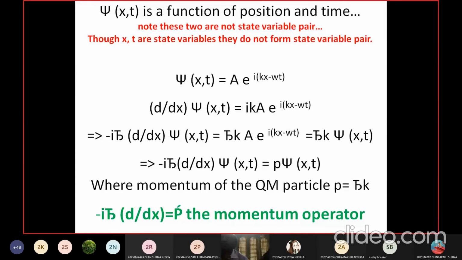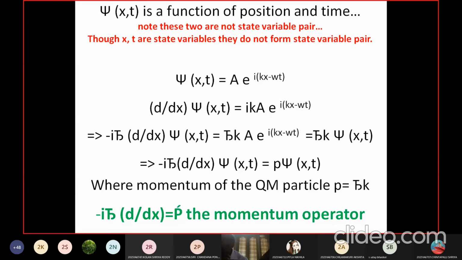So psi of x, t is A e to the power of i(kx minus omega t). Okay, del by del x of psi of x, t is i k A e to the power of i(kx minus omega t). Now, if I take i h-bar on both sides with a minus sign, then on the right hand side I'll get h-bar k.